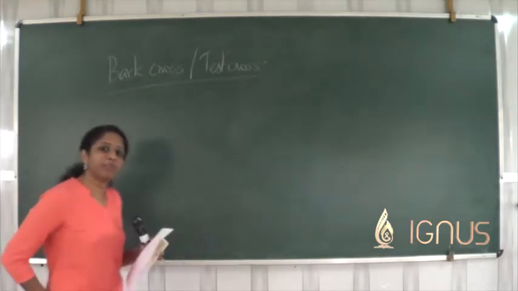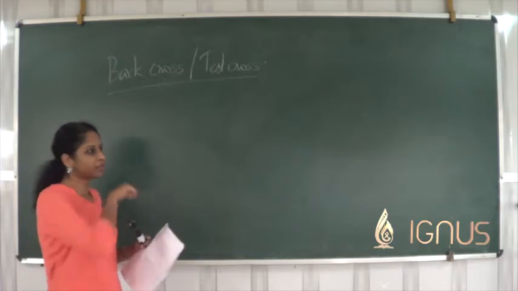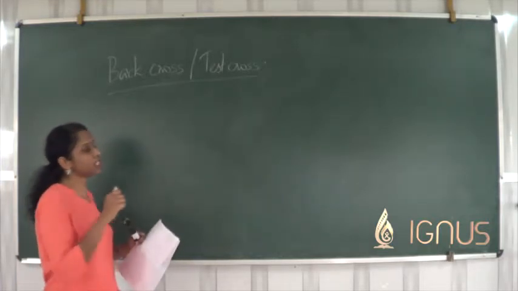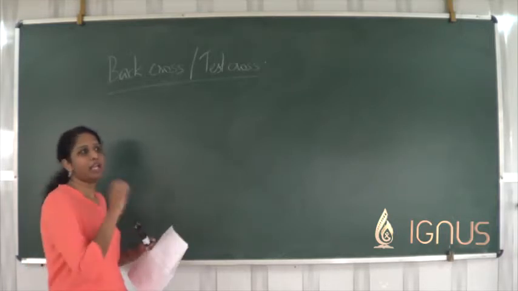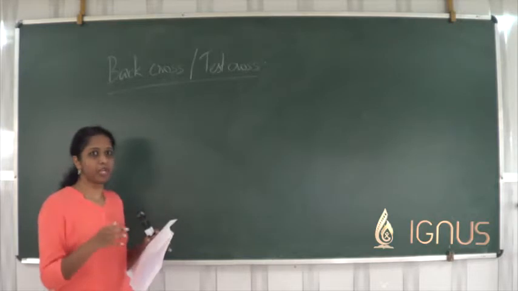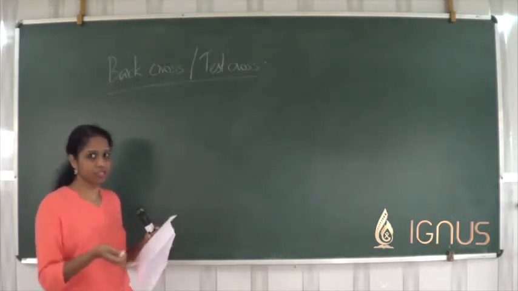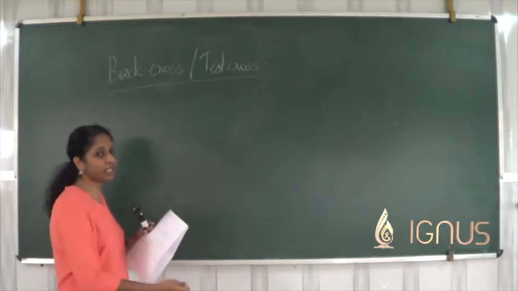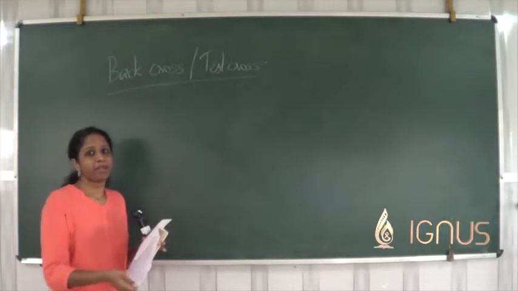Now the next thing that we'll be talking about is backcross and test cross. Now the major difference between backcross and test cross is backcross is when you cross any kind of heterozygous genotype containing organism, in this case mostly plant in case of Mendelian genetics, with a pure breeding plant.